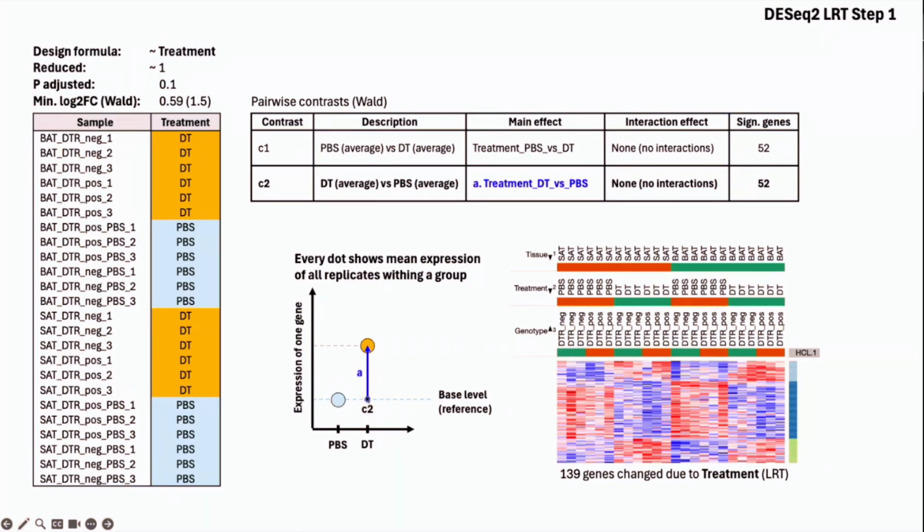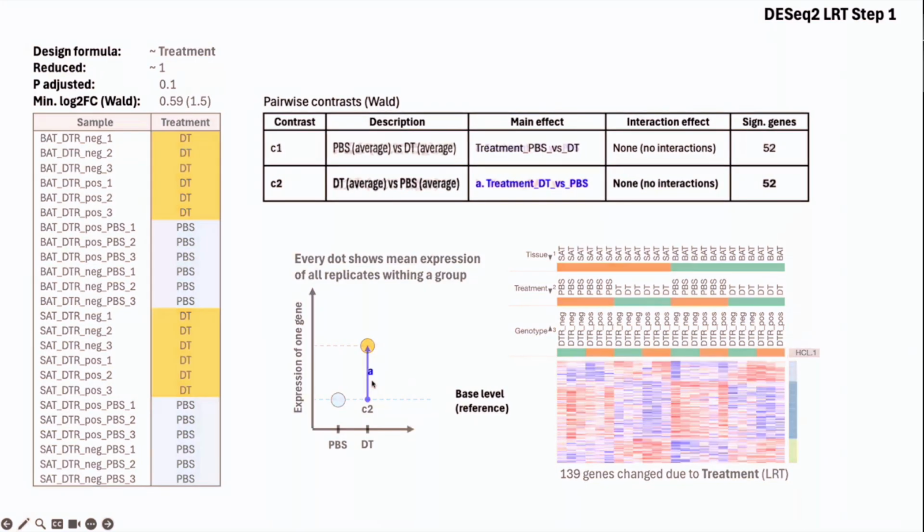And then it estimates the difference from this base level to the DT. So this A is what we see here, and the contrast C2 consists of only one main effect. That's what's happening inside DESeq when we provide metadata with one column and a design formula that includes only one term.